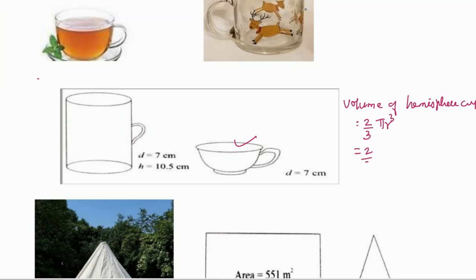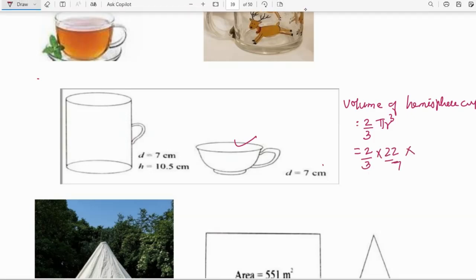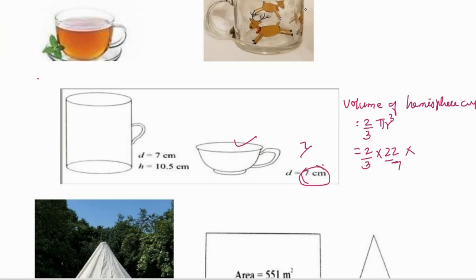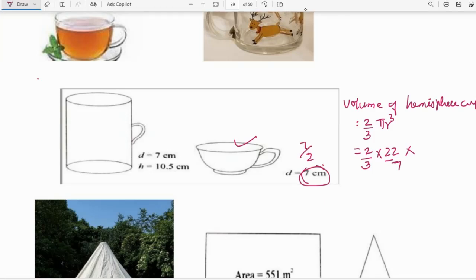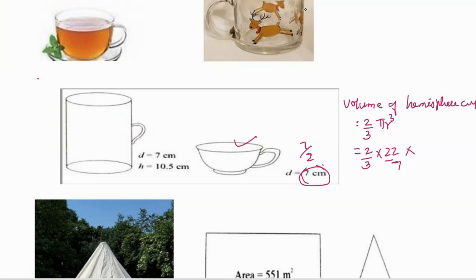So it is 2 by 3. Pi will be 22 by 7. And diameter is 7, means radius will be 7 by 2. The half of the diameter is called radius. So it is 7 by 2.